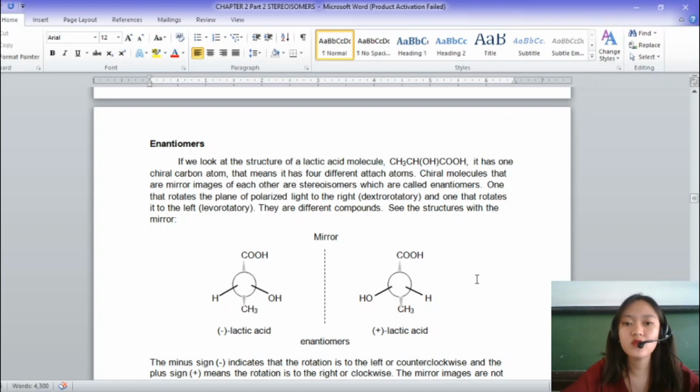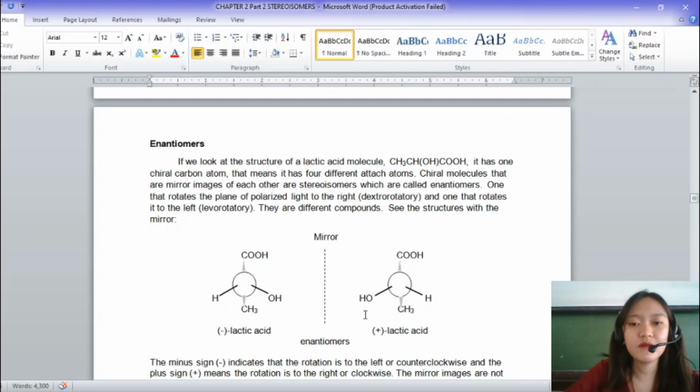So, these two are stereoisomers. Why? Because they have the ability to rotate the plane polarized light, but in different directions, towards the left and towards the right, negative and positive. Okay, so they are both enantiomers. Why? Stereoisomers sila that are mirror images of each other.